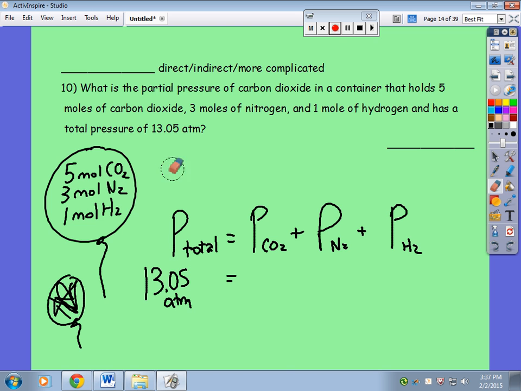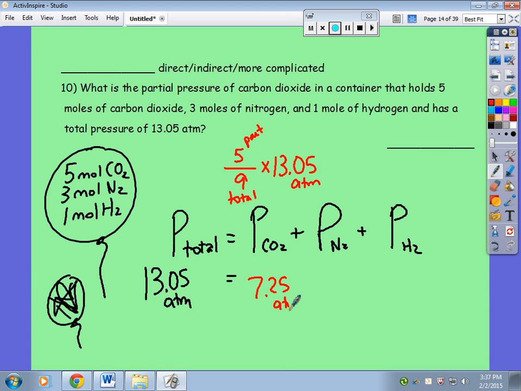That means carbon dioxide is exerting a pressure of 5 moles out of the total 9 moles, right? Isn't it 5 moles of carbon dioxide out of the total 9? That times 13.05 is equal to the pressure of carbon dioxide. You put the part moles over the total moles because that's the fraction of it. It's called a mole fraction. And when you do that, I get 7.25 atmospheres when I solve that problem. That's how you do that.